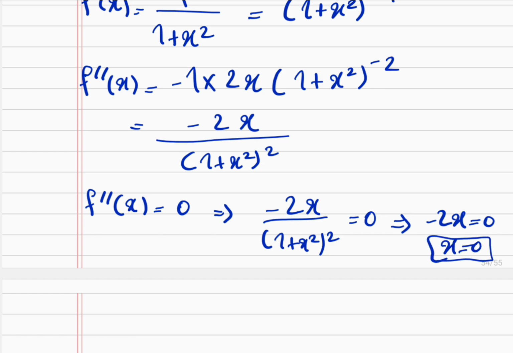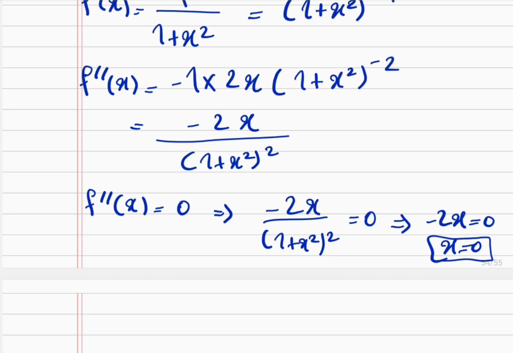Okay, now we have found one value for x. So this means there can be at most one point of inflection, because sometimes you get multiple values of x, and in those cases, you can have more than one point of inflection. But there is no guarantee that if you, for example, get 3 values for x, you are going to get 3 points of inflection.